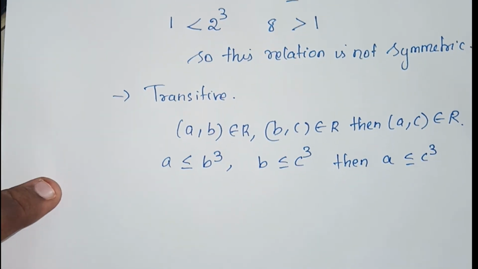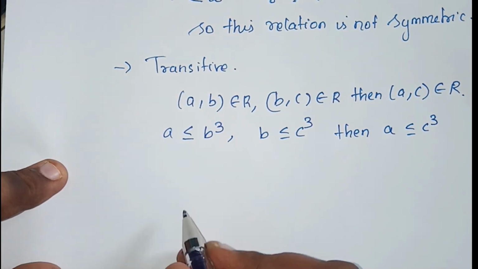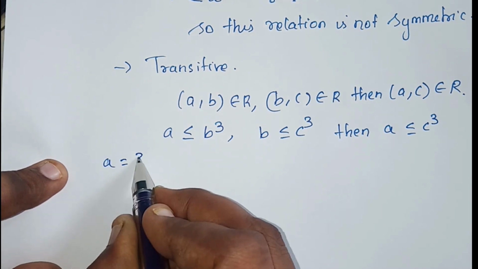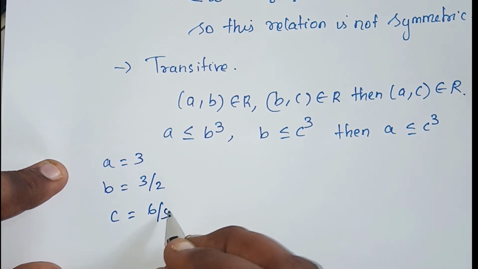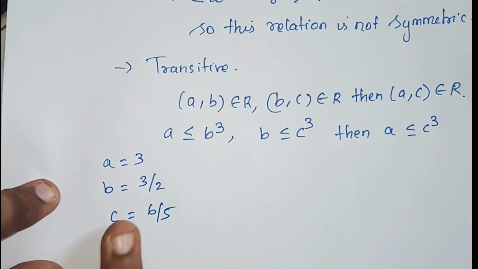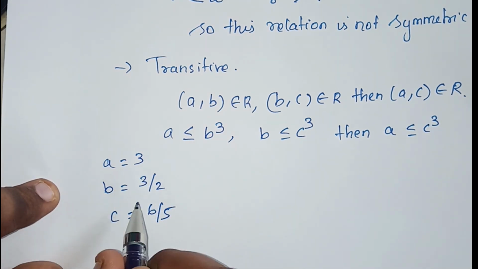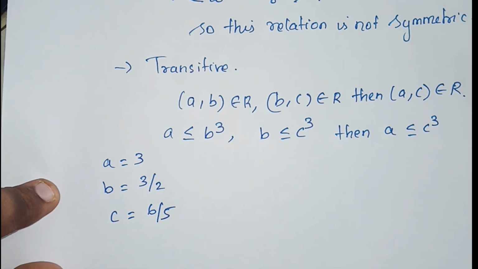This condition needs to be satisfied. So we will take A as 3, B as 3 by 2, C as 6 by 5. Because this is a real number, we should take a rational number.